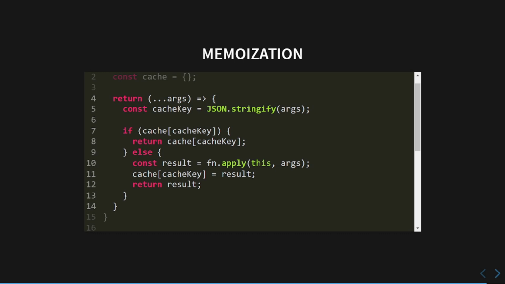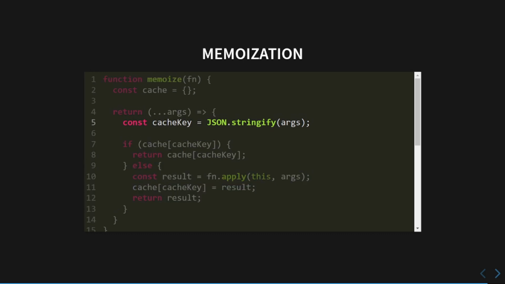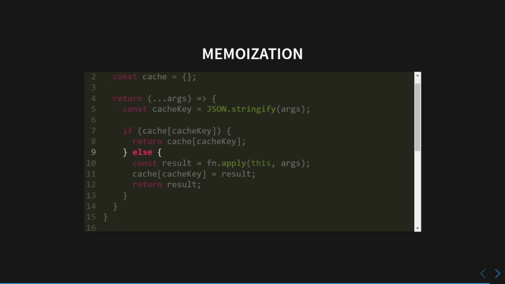it invokes this function. The ...args will just be an array with a value of 100. The cache key will now be converted to a string, so the input will be 100. If it exists in the cache, return the cached value, but it actually doesn't at the moment because we've not invoked this before.